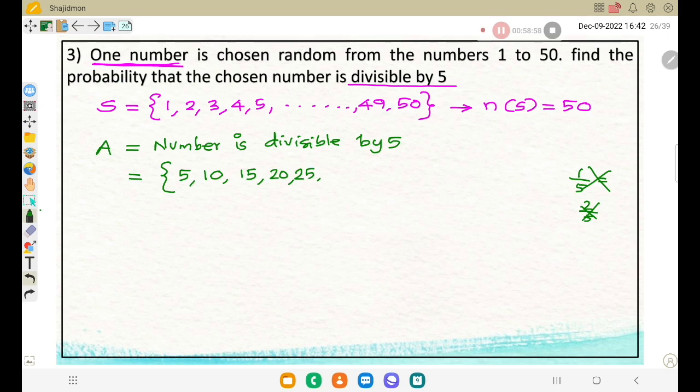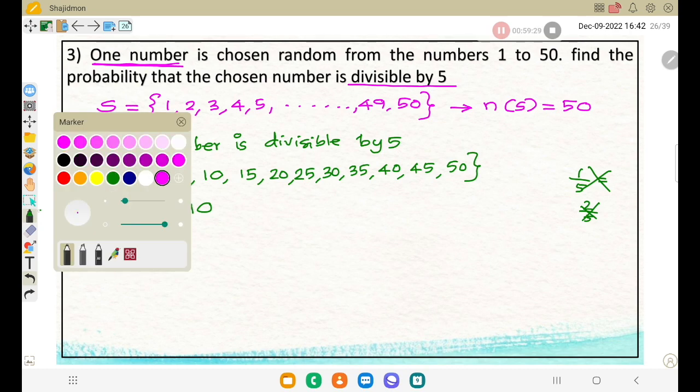Then 25, 30, 35, 40, 45, and 50. These are the numbers divisible by 5. How many numbers are there? 1, 2, 3, 4, 5, 6, 7, 8, 9, 10. So the number of elements of A equals 10, the number of favorable outcomes to event A equals 10.